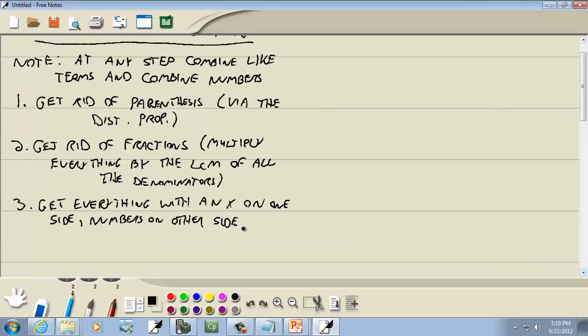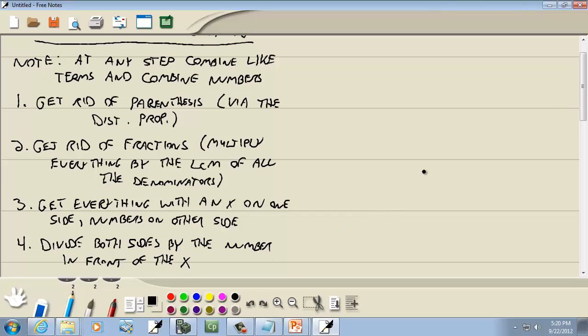And our fourth step, divide both sides by the number in front of the x. Well, let's take a look at some problems dealing with that.